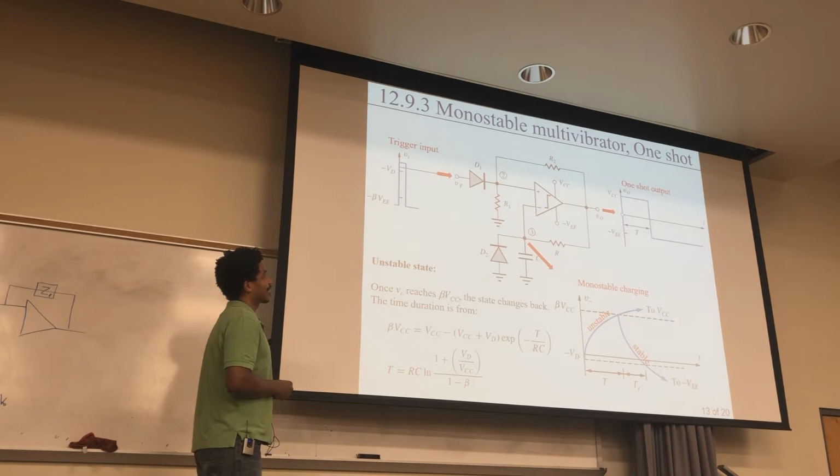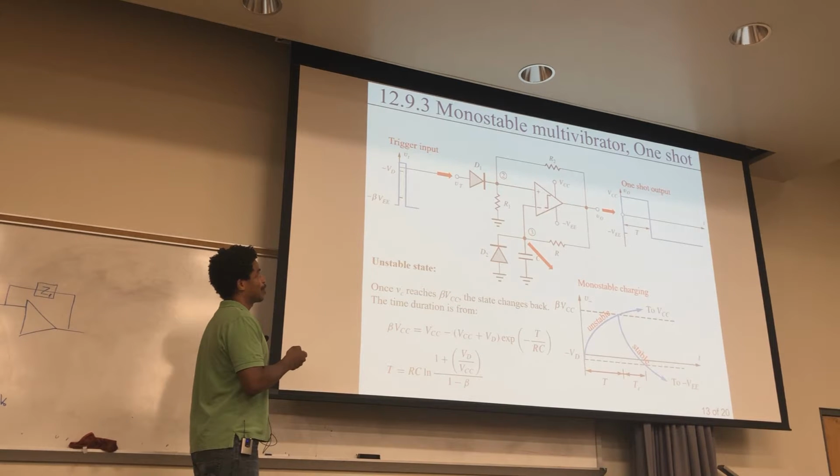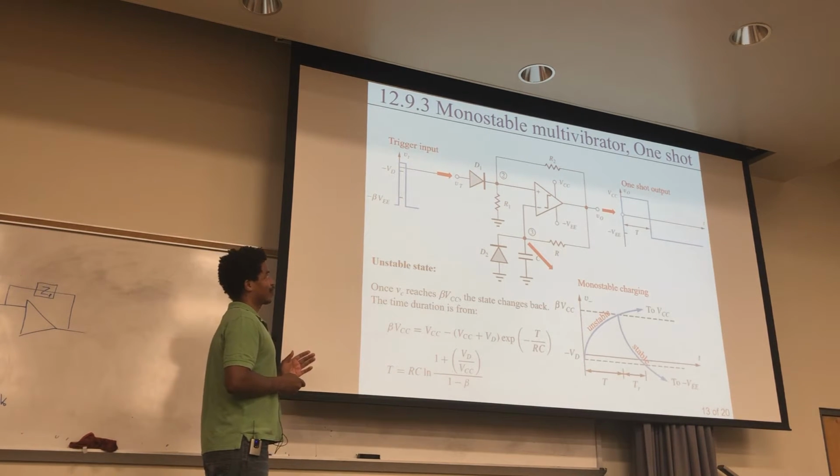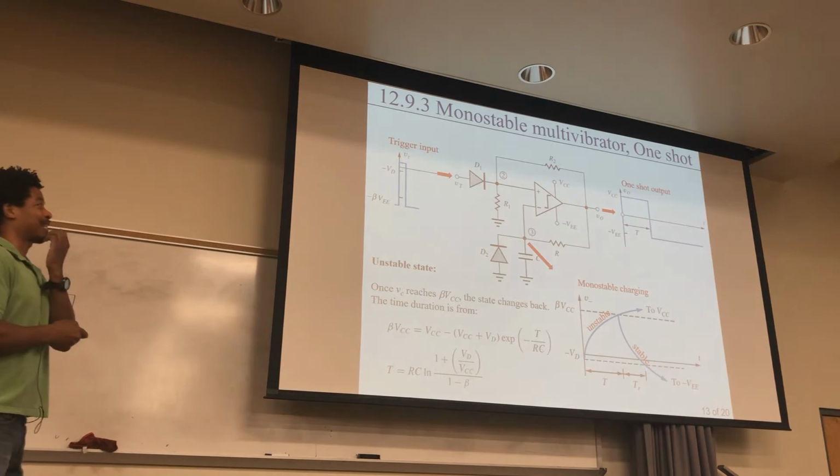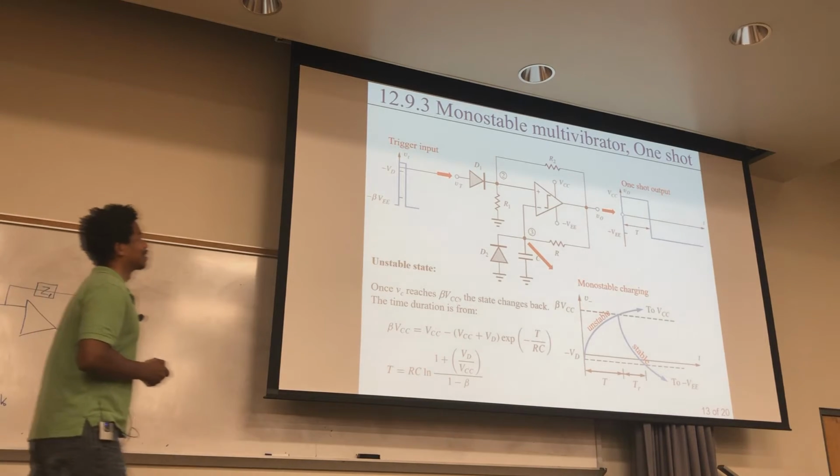It maybe has to do with what is the time or the amount of input necessary for this to switch, how the circuit senses something coming through there to switch. That's what I'm guessing, but I don't know.